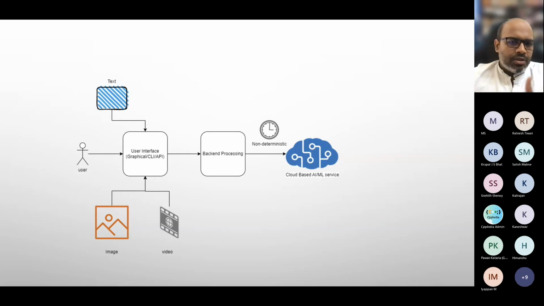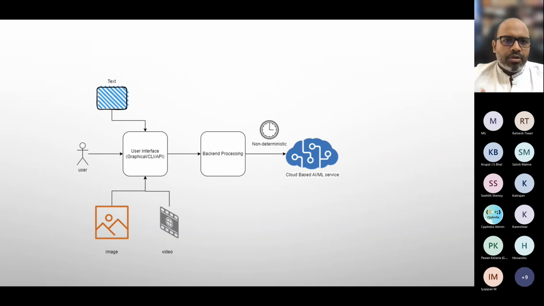One of the things this system does is talk to a backend cloud service. It could be OpenAI or AWS or Azure, Google Cloud, whatever. There is some machine learning model there in the cloud service, and this system talks to that machine learning cloud service and does an inference.